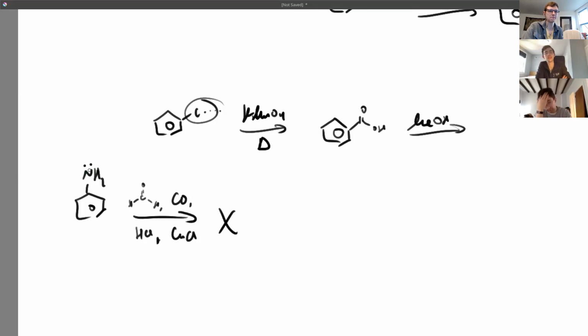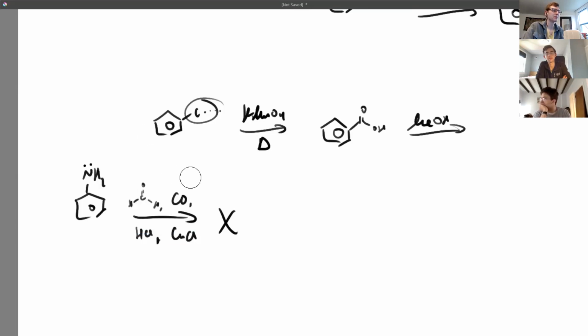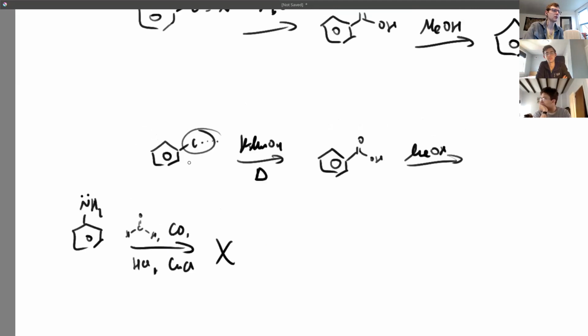We're gonna have to acylate the amine and then put the thing on the ring, and then deacylate, then you have to take the amine off. Deacylate the amine, get rid of the amine anyway, probably again using a Sandmeyer reaction. So that won't work. This is too many steps.